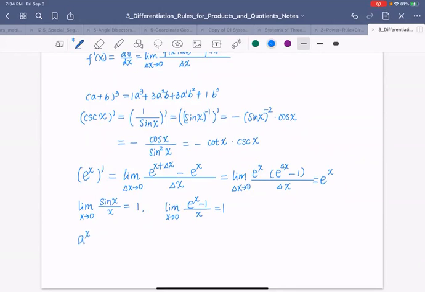a to the power x. Emily, the derivative of e to the power x is this. The derivative of a to the power x, how do we do this guy? The definition?